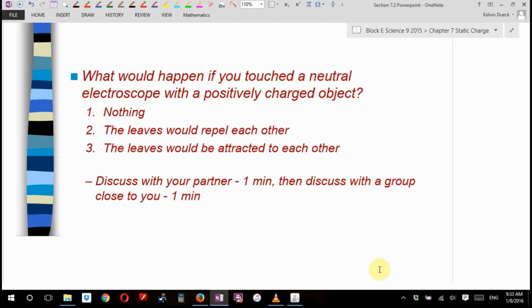I'm only voting because Mr. Dewick will make fun of me if I don't vote. So, supposing instead of touching a negatively charged object to the electroscope, we touched a positively charged object to the electroscope. Who says nothing will happen because it's positive?